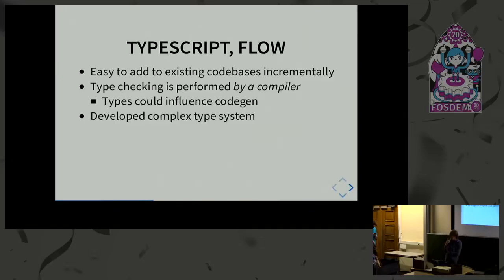And so TypeScript and Flow are very interesting because they've developed very complex type systems to model JavaScript. They've done a lot of work on pushing the boundaries of how to make a type system describe dynamically typed idioms very well. So, for example, flow typing, union types.